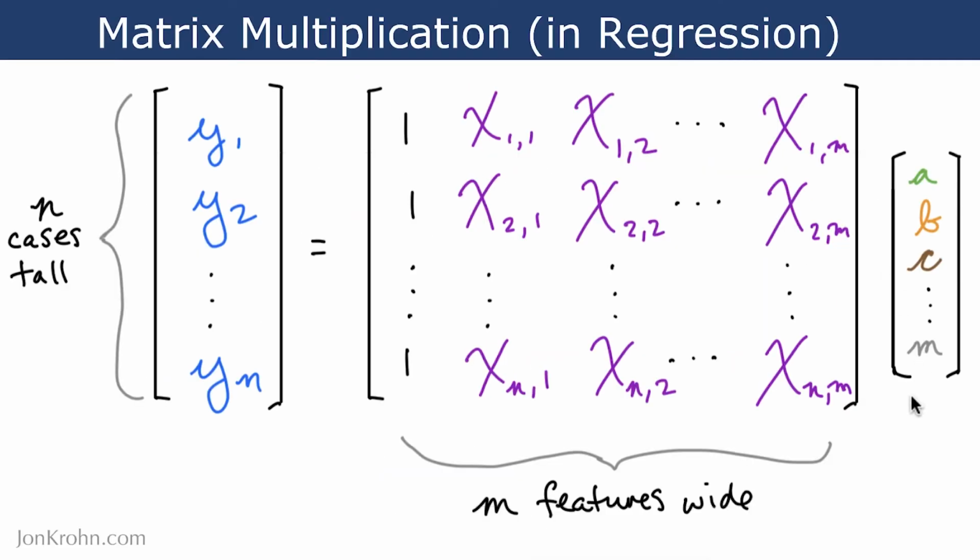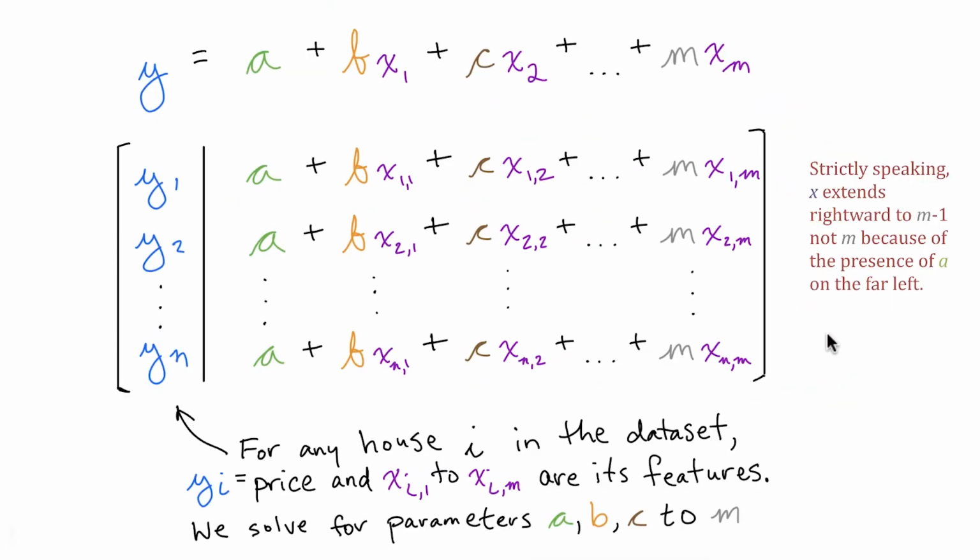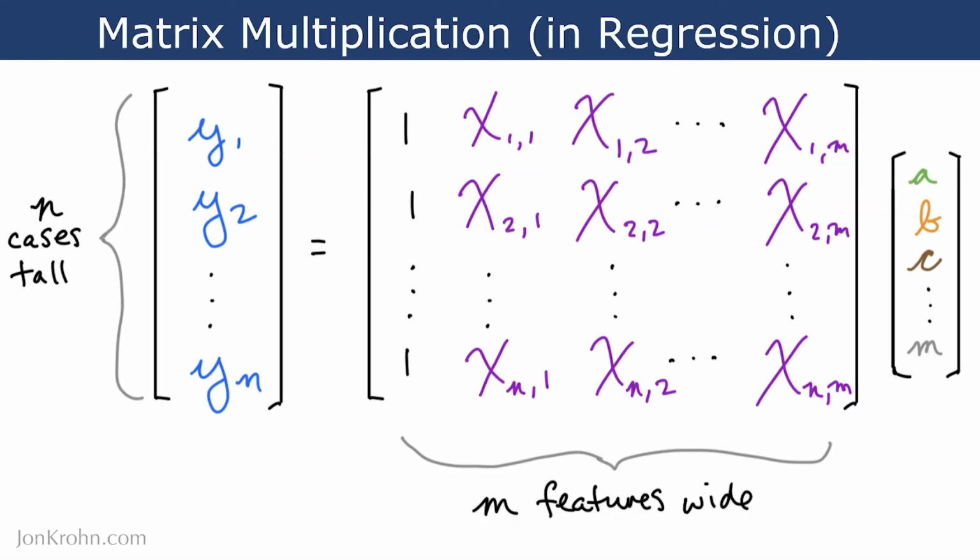So instead of doing this kind of clunky mathematics here and repeating these parameters a, b, c, and m in every single row of this set of linear equations, you can represent this regression more neatly as a matrix multiplication.